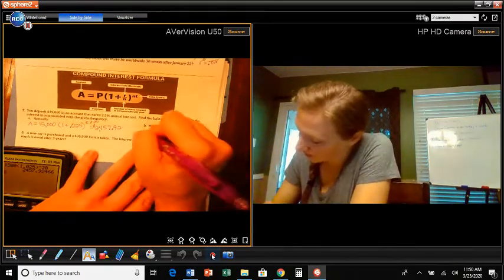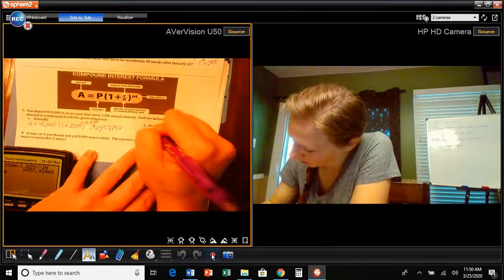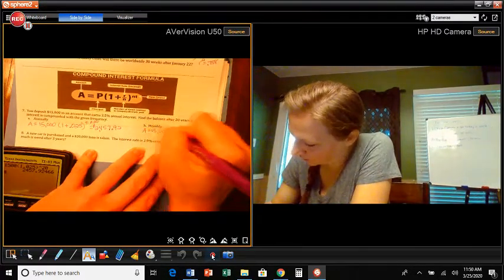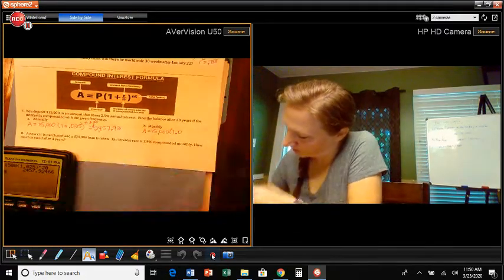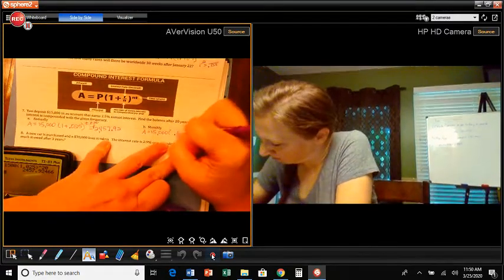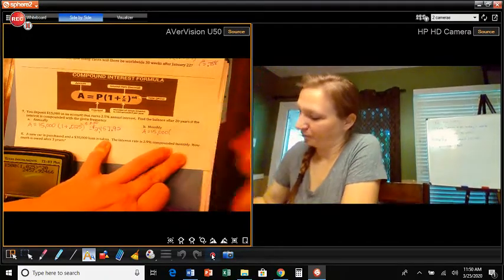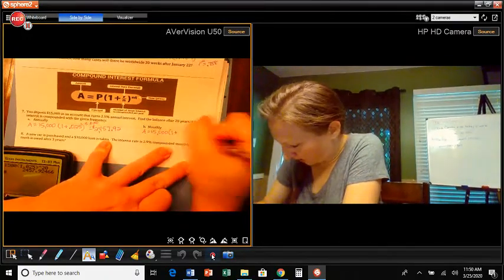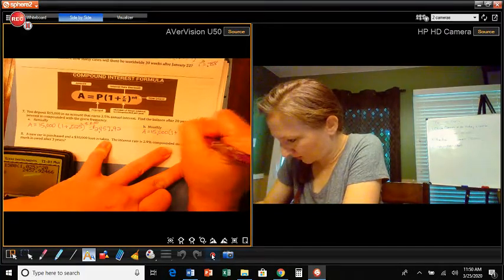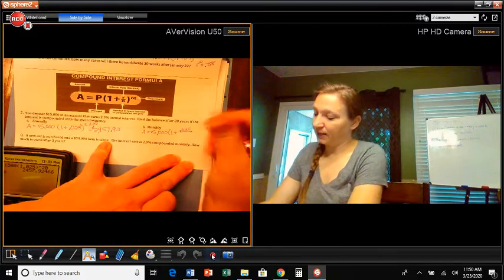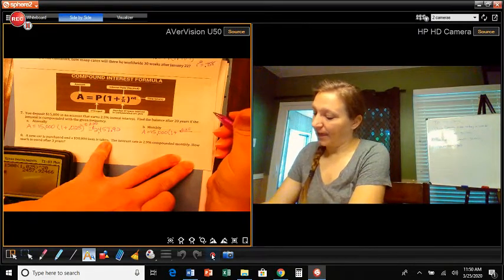So if that compounds monthly, I'm going to use my new formula now. So 1 plus my rate, which is still 0.025, divided by n.